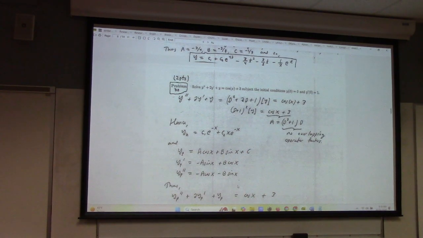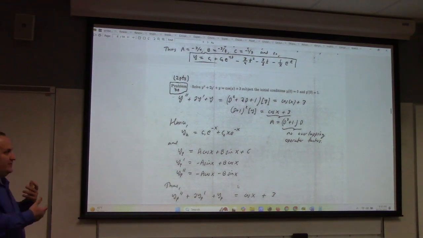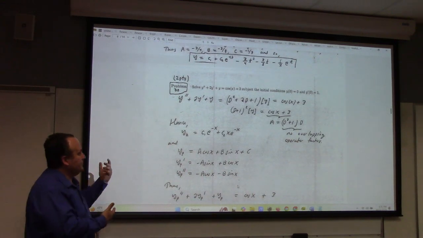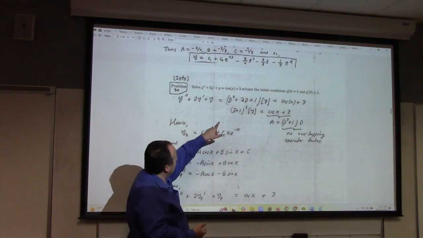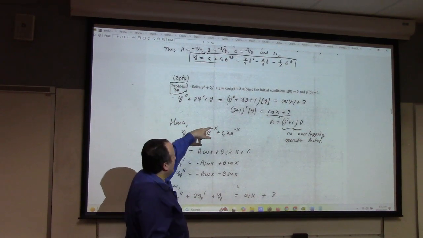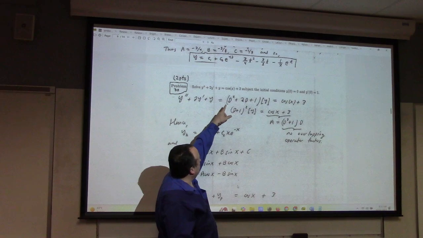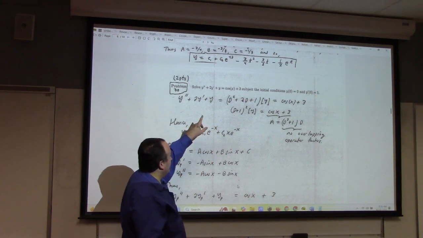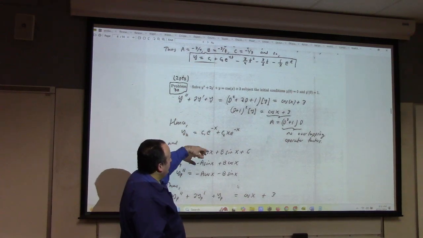But that's good news for us here, because it means we don't actually need to use the annihilator method, right? We've done enough here to see that the naive solution will work. So I just take derivatives. Some of you came up to me after class asking how you formulate the naive solution. Well, basically you just look at the forcing function, take some derivatives, see what happens. So in this case, cosine differentiates to sine, and the 3 differentiates to nothing.